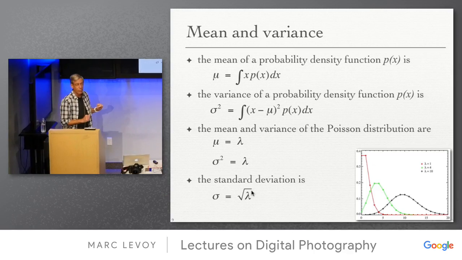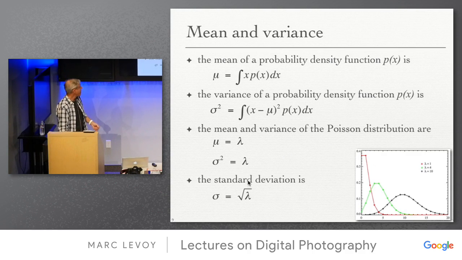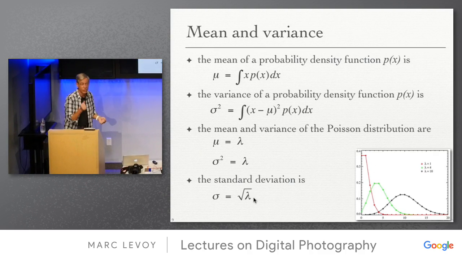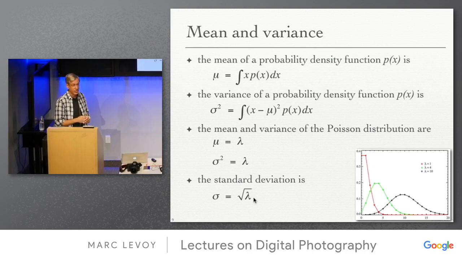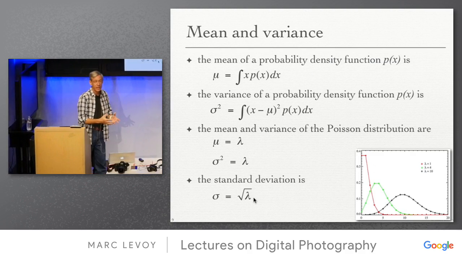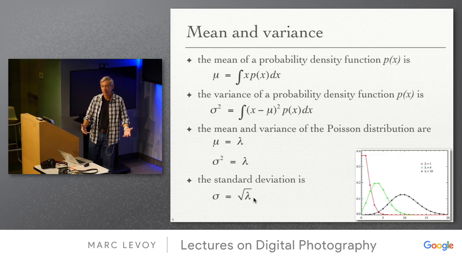So that's really important. What that's saying is if I increase the number of photons, in other words, if I increase lambda, the standard deviation, the variability in how many photons arrive, will also grow, but slower. It'll grow as the square root of the number of photons that arrive. That's the key to reducing noise in photography. Increase lambda.